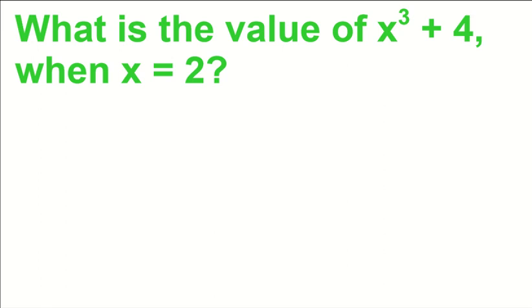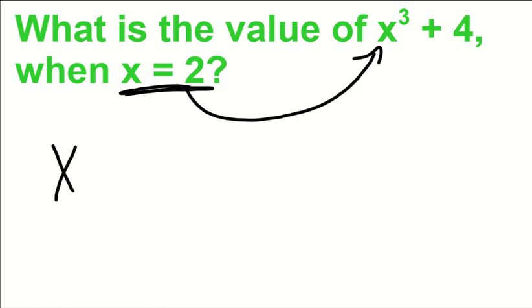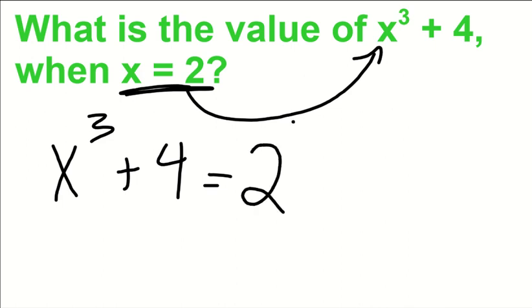And basically what you have to do is take what they're giving you and plug it in for the variable. So I have x to the third power plus 4. Tells me x equals 2. So all I do is I take out the x and I put a 2 in. If there's an exponent on that variable, I keep that same exponent on the number.